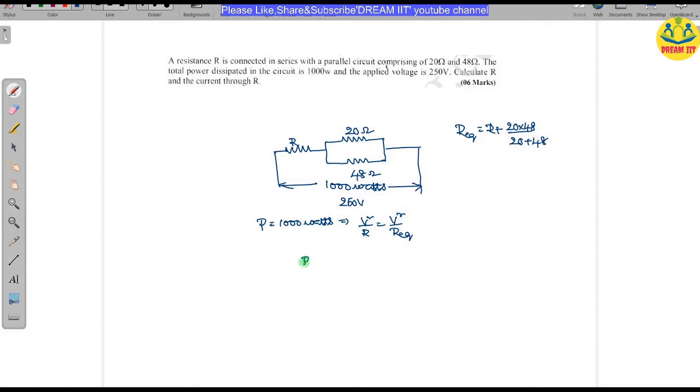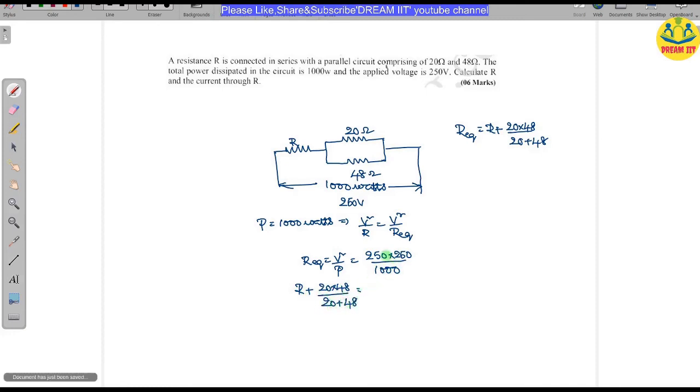So R equivalent we can write as V square by power. So V square is how much? 250 into 250 divided by, what is the power here? 1000 watts. It is given in the problem. So just substitute R equivalent also, that is 20 into 48 divided by 20 plus 48.